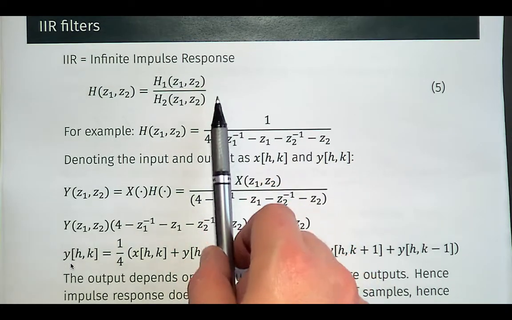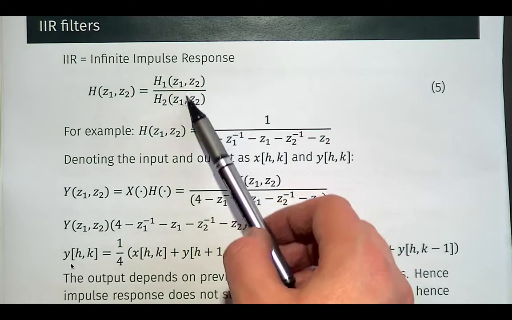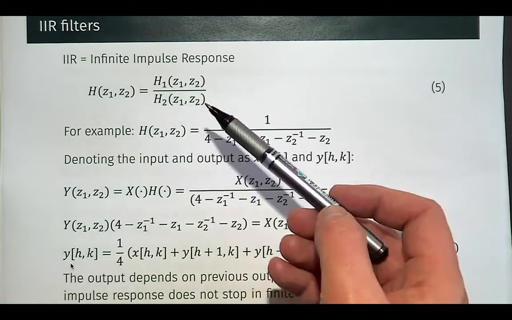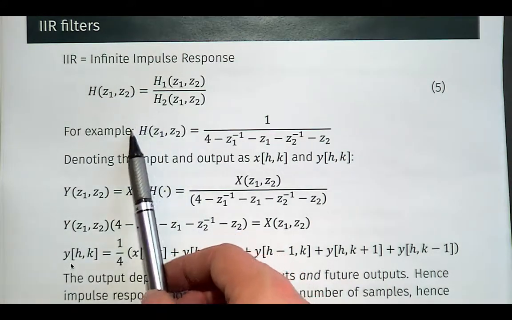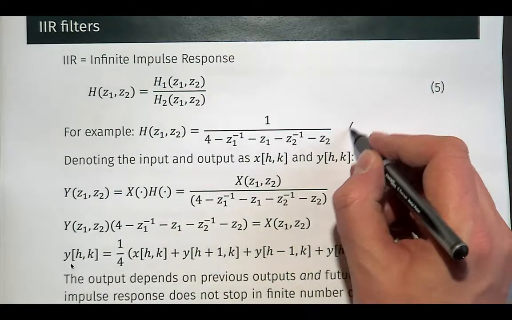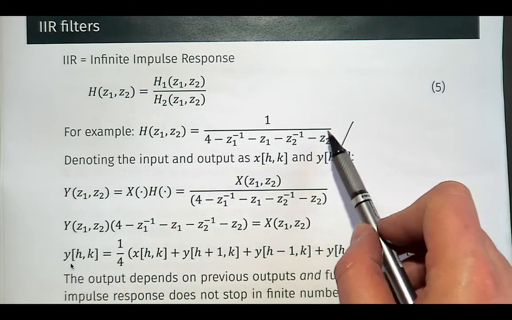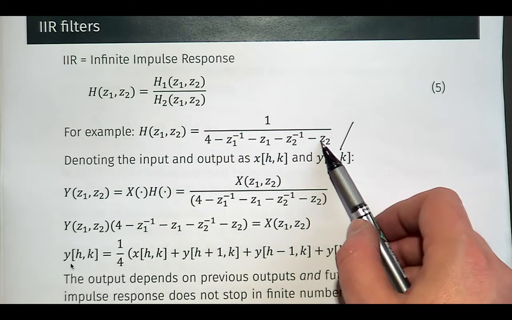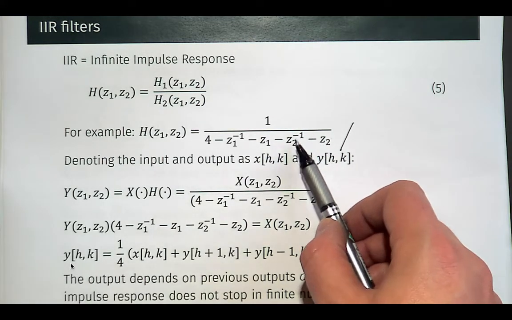Okay, so on top you have two polynomials in a fraction, and so this would be an example of such a filter. Okay, so you have 1 over the one we've just defined. Okay, same expression, but except this time instead of being at the numerator, it's at the denominator.